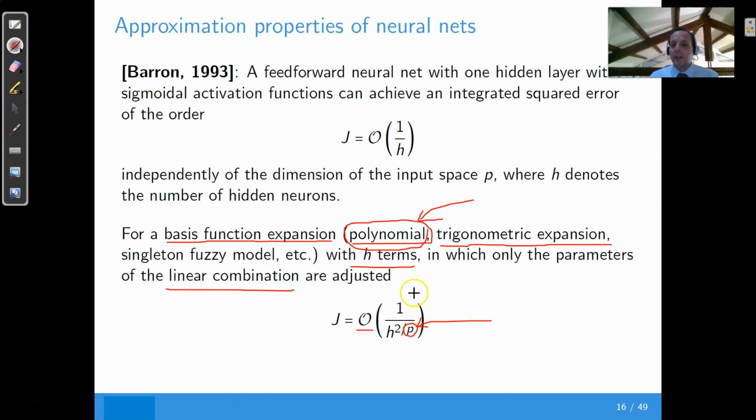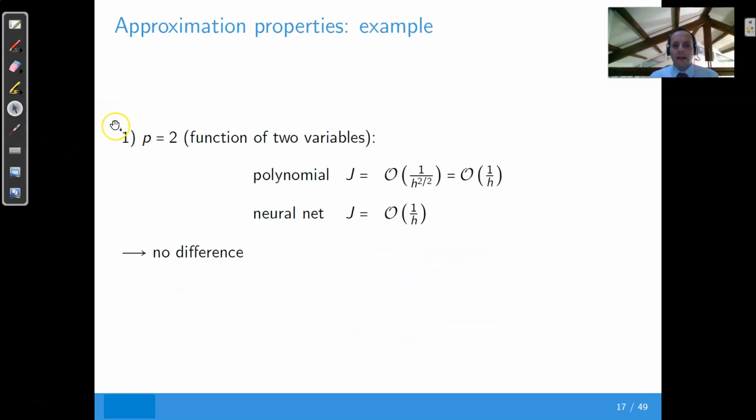So it represents a limitation, because here it doesn't care about the number of inputs, but here it takes into account how many inputs you are including.